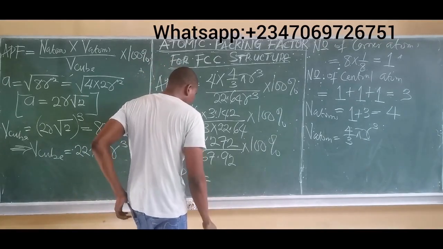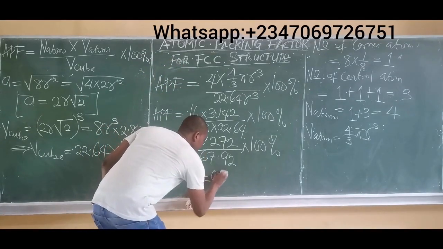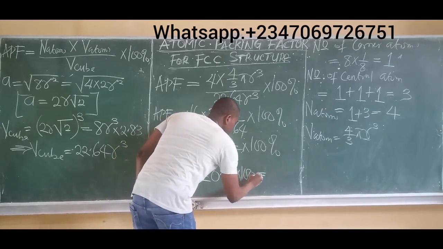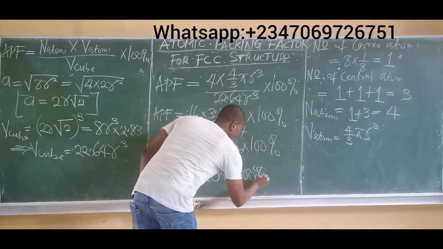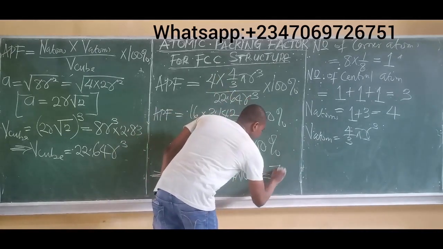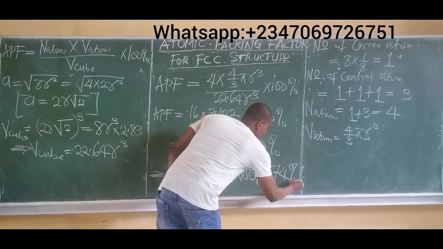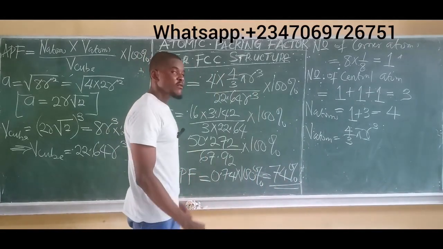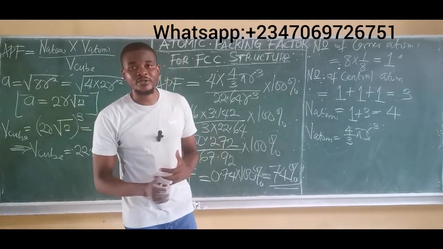So we have this to be approximately 0.74 multiplies 100%, and this simply gives us 74%. All right, so that's how to find the atomic packing factor for a face-centered cubic structure.